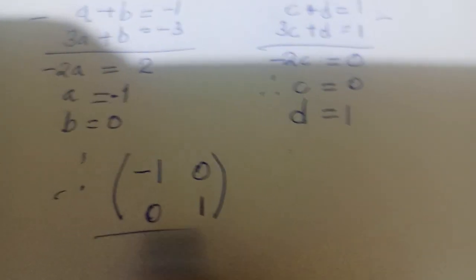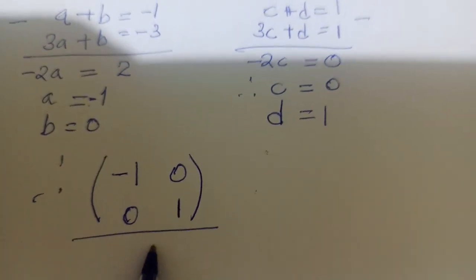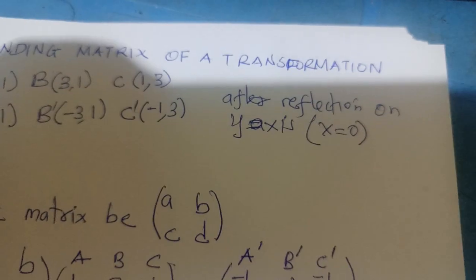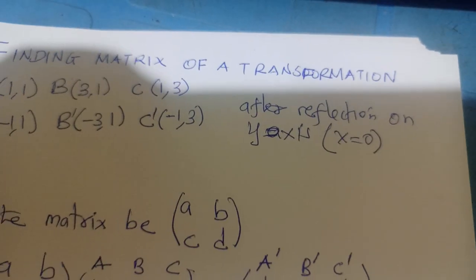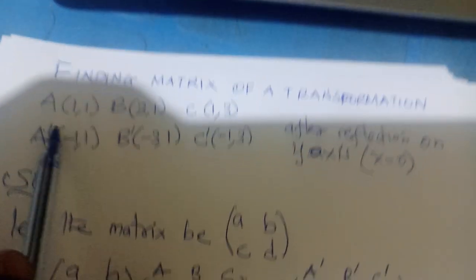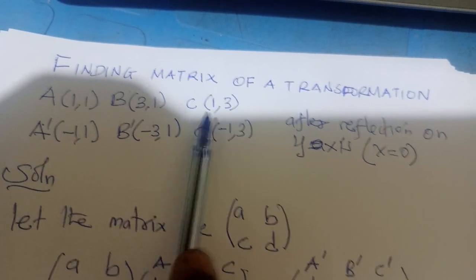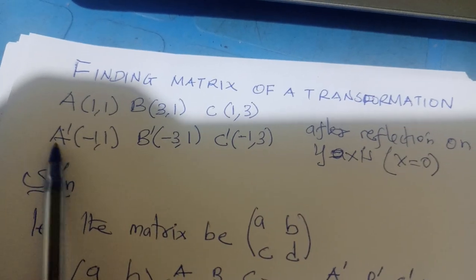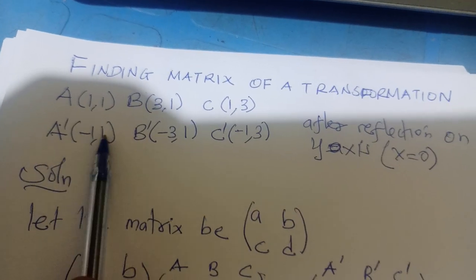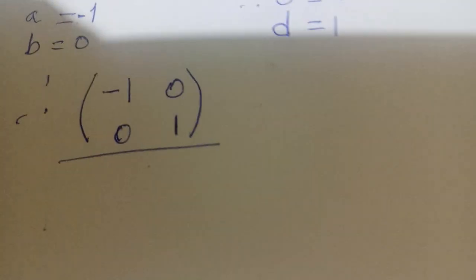So here we are. This is the matrix of transformation that represents a reflection on the y-axis. And we used this triangle ABC as the object and A prime, B prime, and C prime as its image to get the matrix of transformation.